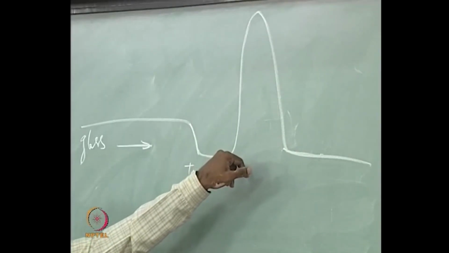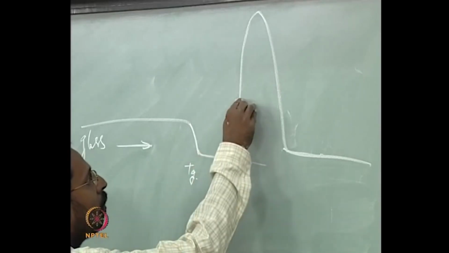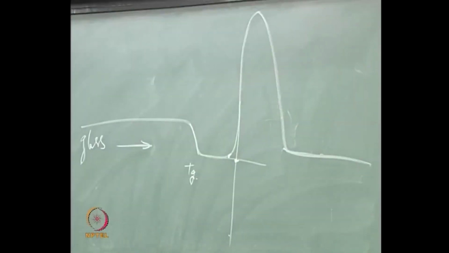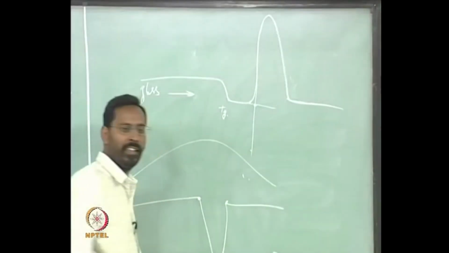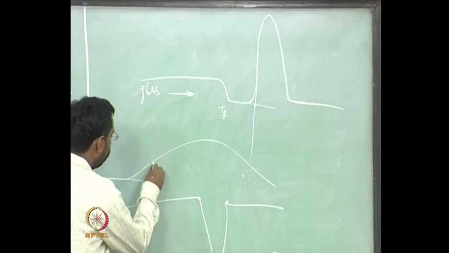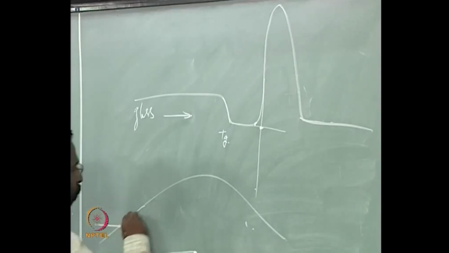The way we identify an onset in any peak is you extrapolate this and you extrapolate this, and wherever these two intersect is what we take as the onset of transformation. Whenever the peaks are very broad, it becomes very difficult to identify. You may still say that I will do this and then find it out. Some places it is more difficult to see, particularly where you have two peaks overlapping.